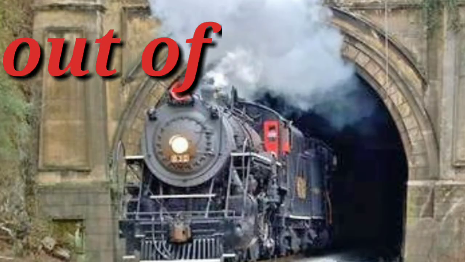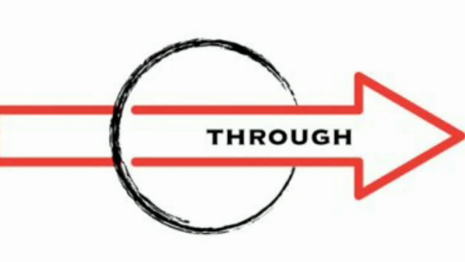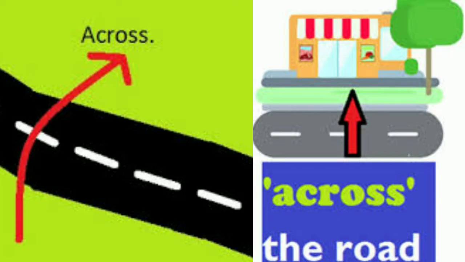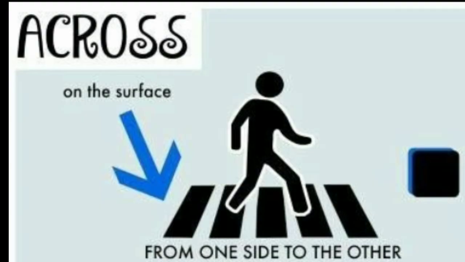The train came out of the tunnel. And here are some more examples: through, across, and over. And the difference between across and through. You can see the picture.